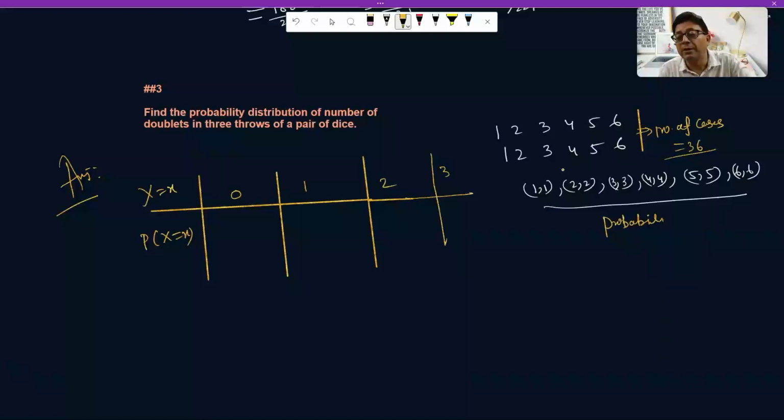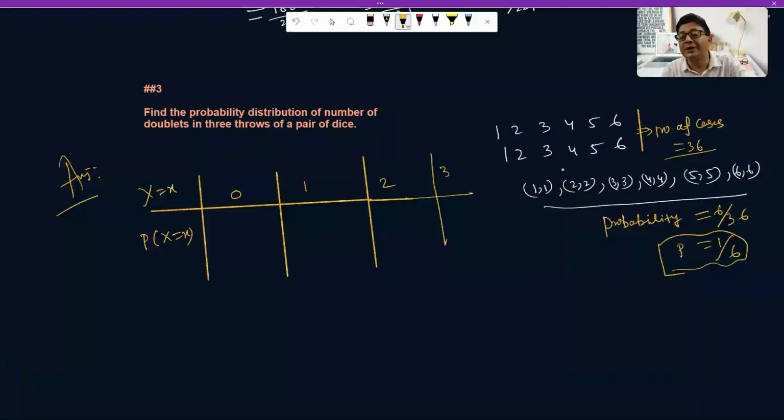So probability equal to what? There are only 6 doublet cases. 6 by 36, 1 by 6. Clear? So if I take probability as P, then P is 1 by 6.